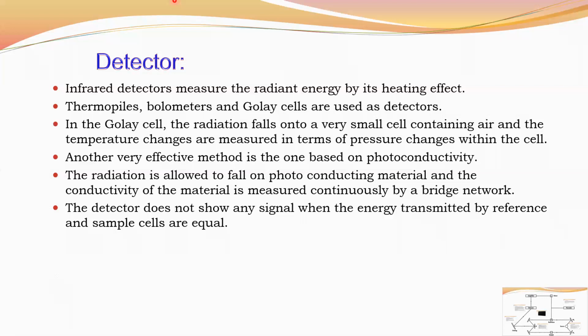So every time it compares the reference with the sample, in a particular interval the intensity is compared, and when there is a difference in the intensity or the energy transmitted, only at that time a signal is produced by the detector.